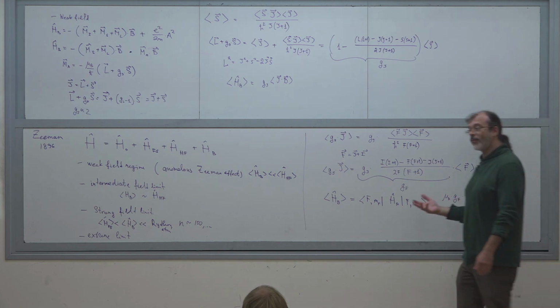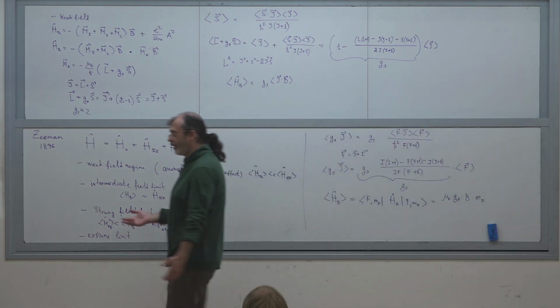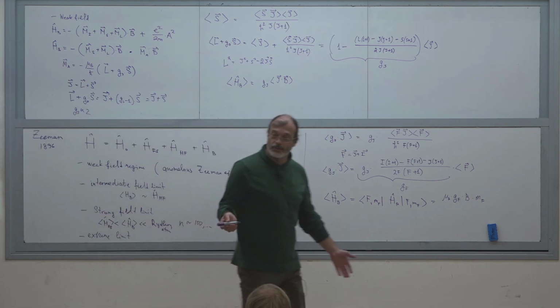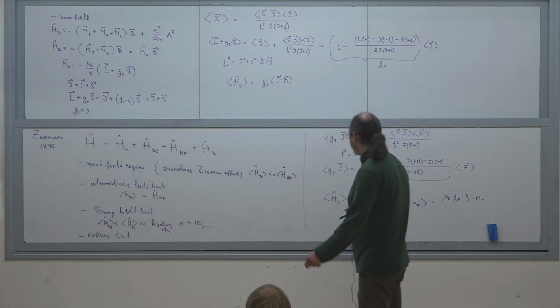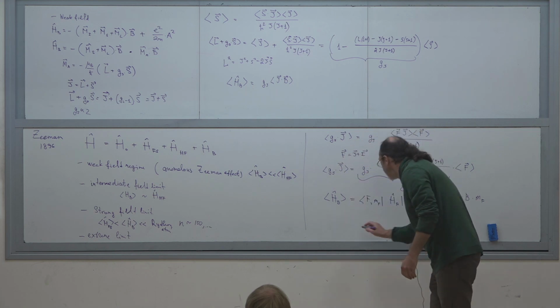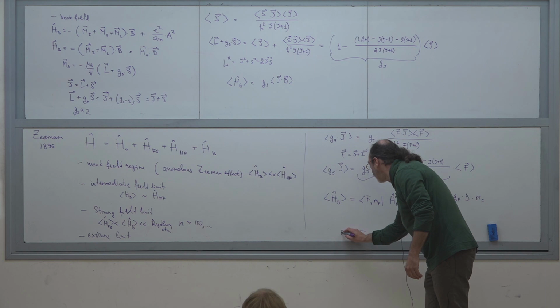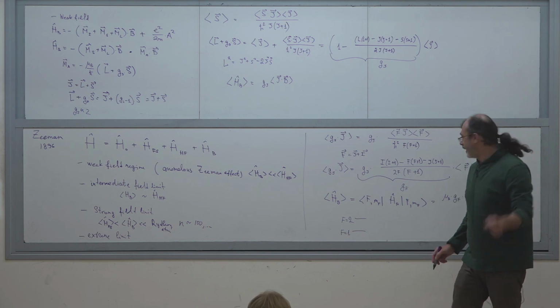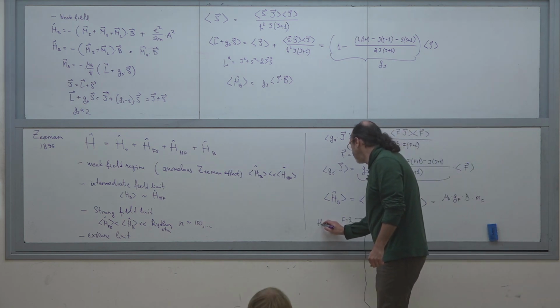So now let's take, for example, energy levels of the hydrogen atom. If you remember, the hydrogen atom has the hyperfine structure on the ground state. So on the ground state we have F equal to 1 and F equal to 2. So that's the hydrogen atom, right?